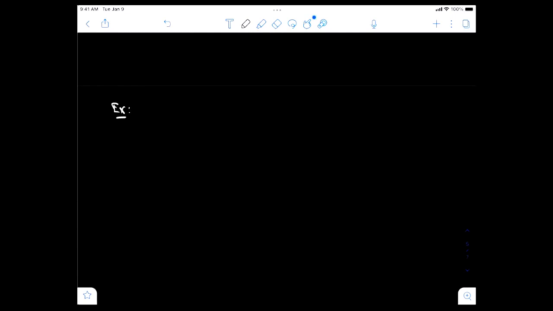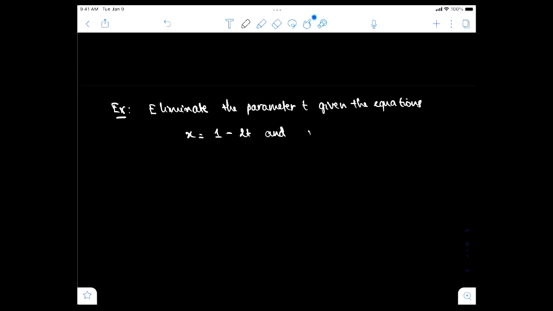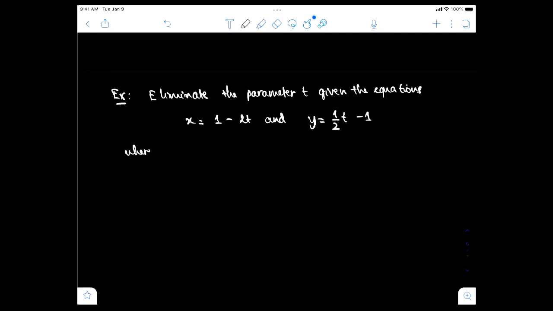All right, more examples. This example is a little bit different compared to the last two. Eliminate the parameter t given the equations x equal to 1 minus 2t and y equal to 1/2 t minus 1, where t is restricted between -2 and 4.